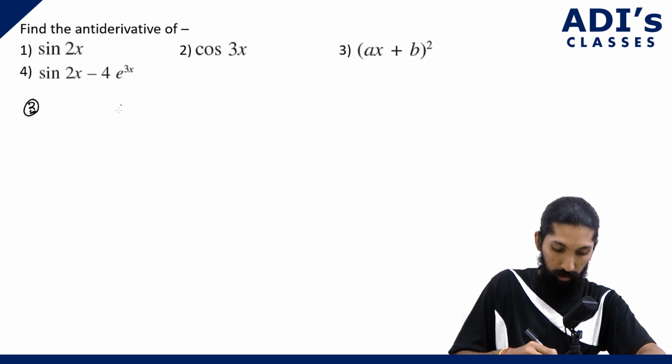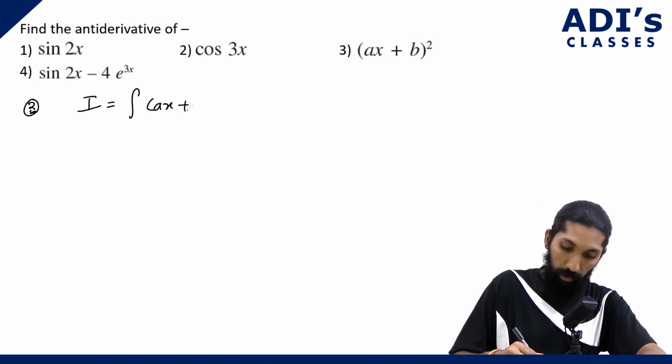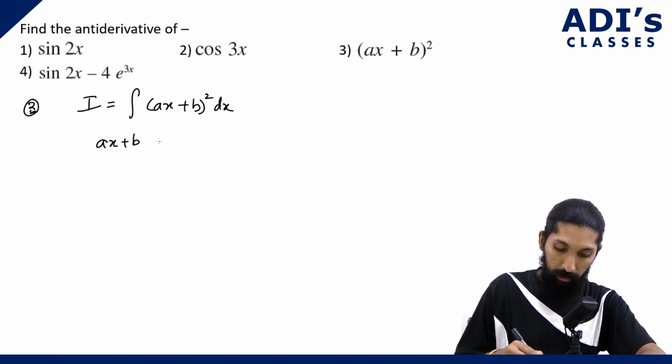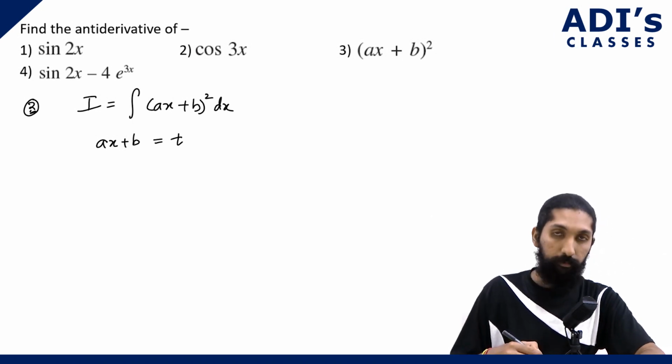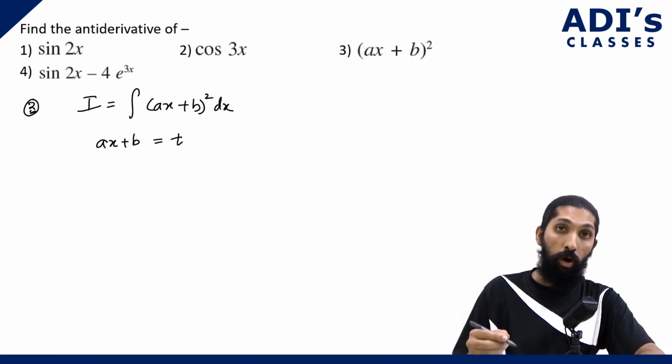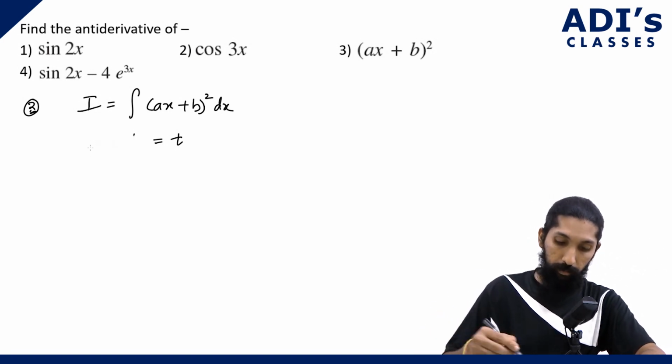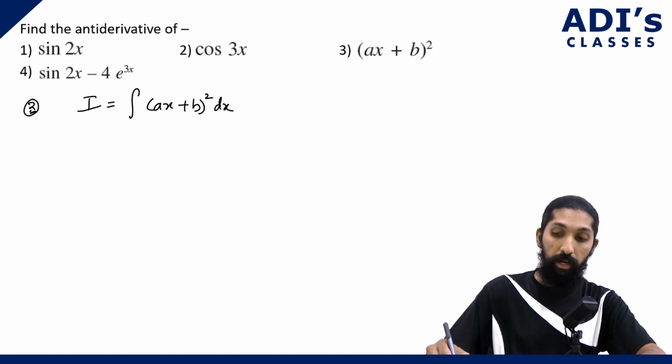For the third one, I is equal to integral of (ax plus b) whole square dx. Again, we could take ax plus b is equal to t. Or what we can do now is use another method. We'll expand this one and try to do it.